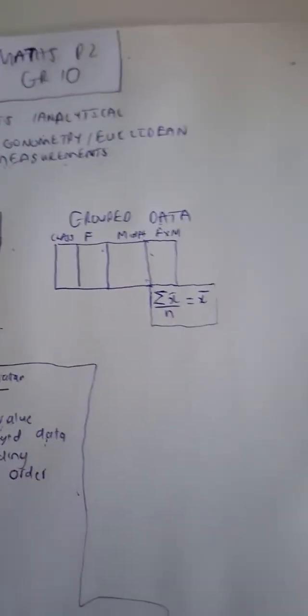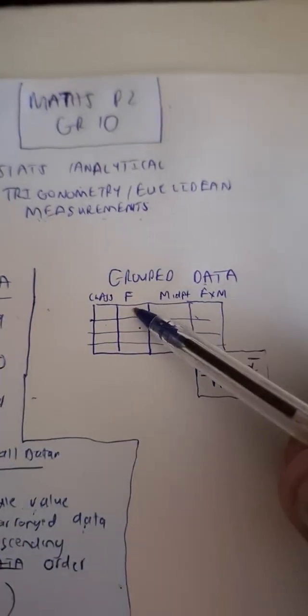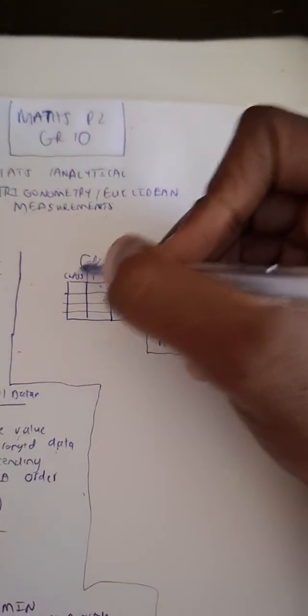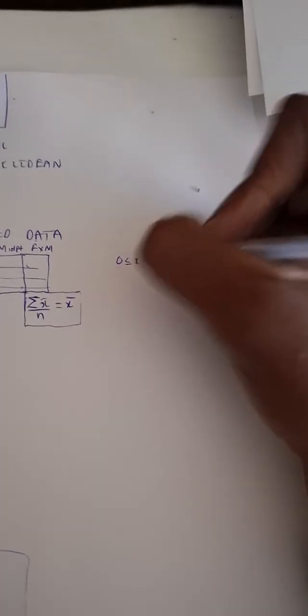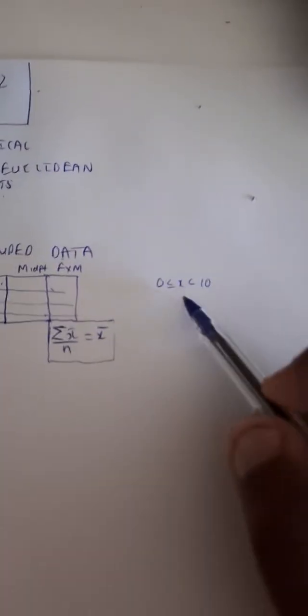On the other hand, like I said, grouped data is usually represented in class intervals, and we usually use a frequency table to represent our grouped data. Most class intervals use inequalities to represent the class interval.